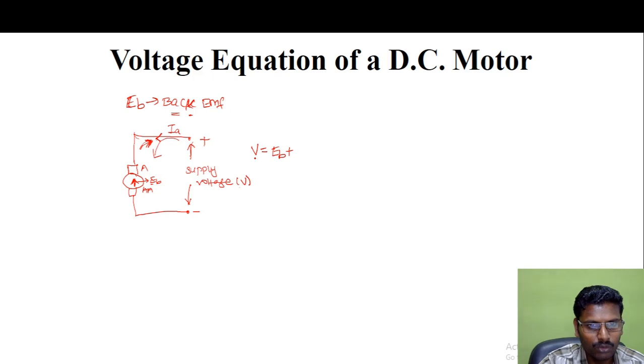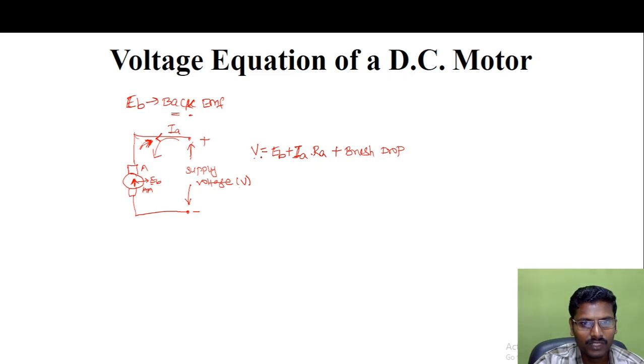So V is the input voltage, EB is the back EMF produced, and the voltage drop across the armature conductor is IA into RA, plus there will be some brush drop, so we take that into account.